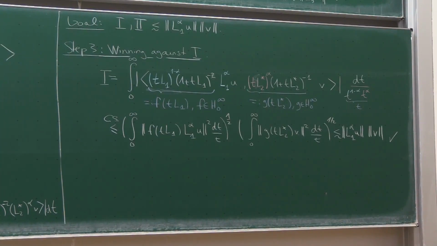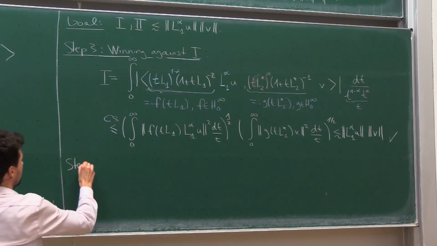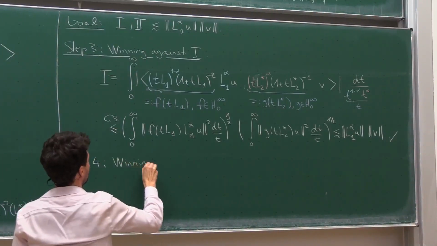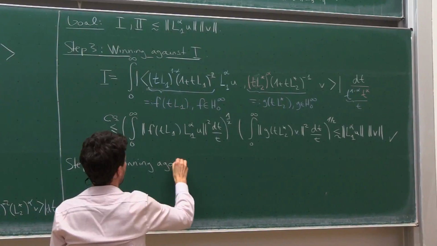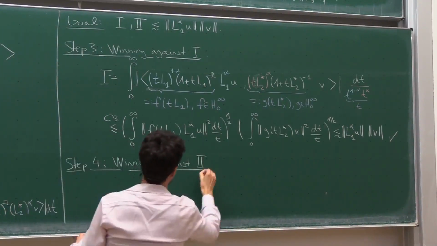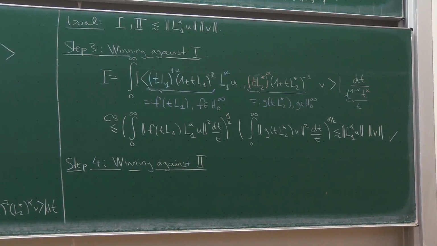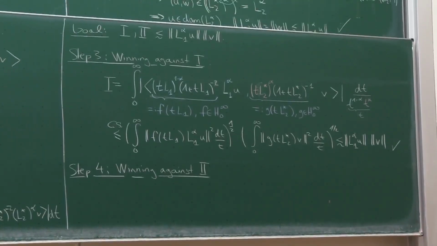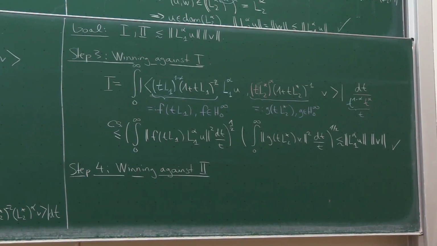All right, so step 4. I want to win against term 2. So what's the issue? Have a look at term 2. Do you see why it could be difficult to win against 2? I claim that 2 is much harder than 1.